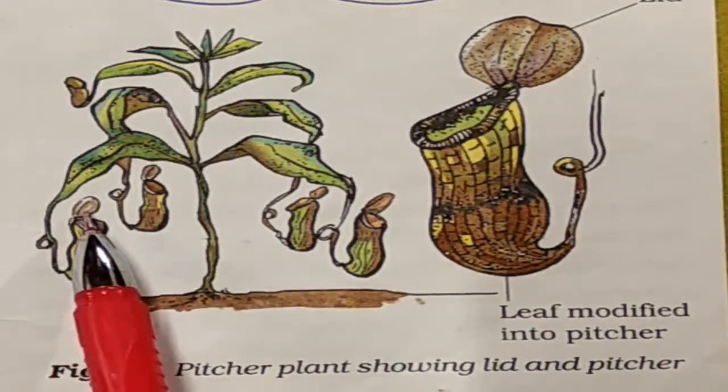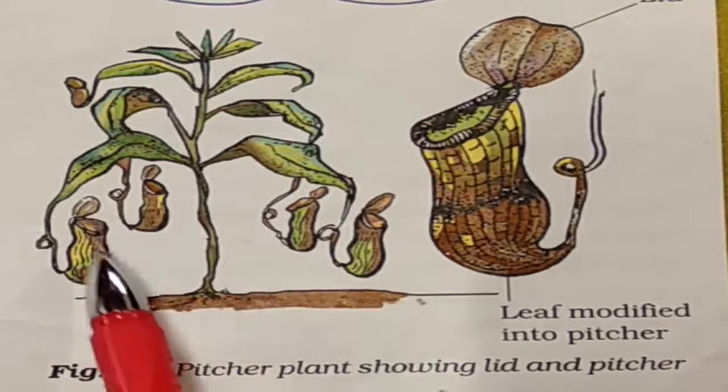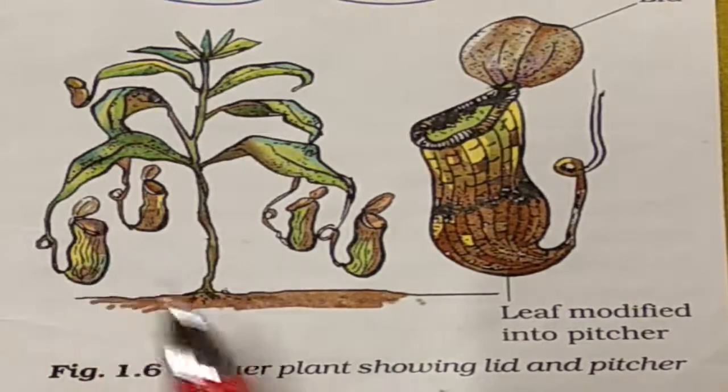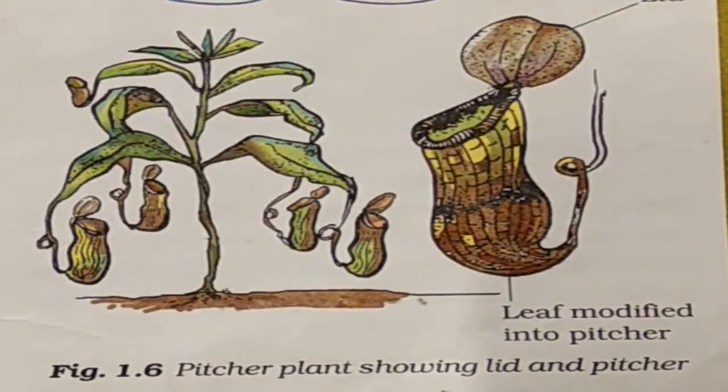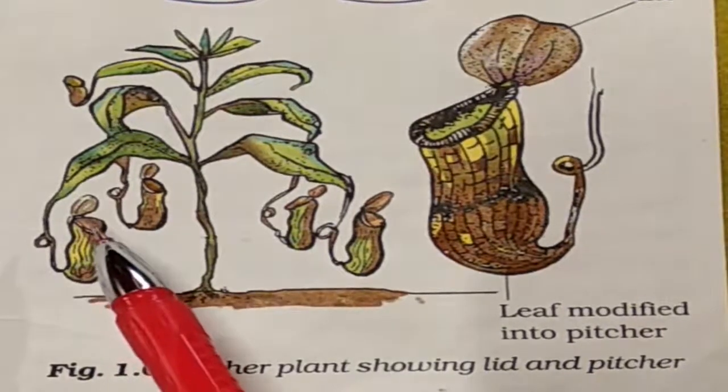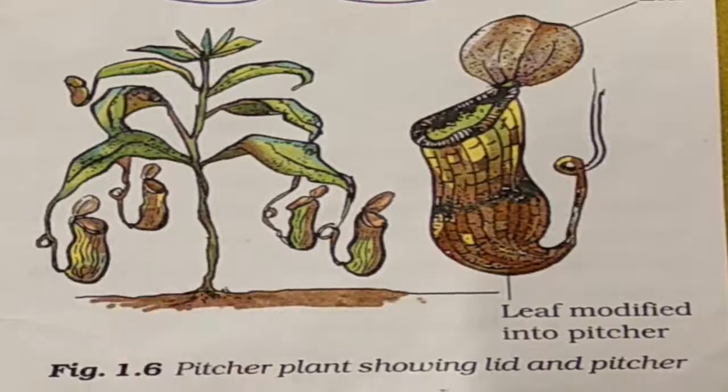The apex of the leaf forms a lid which can open and close the mouth of the pitcher. Inside the pitcher there are hairs which are directed downwards.